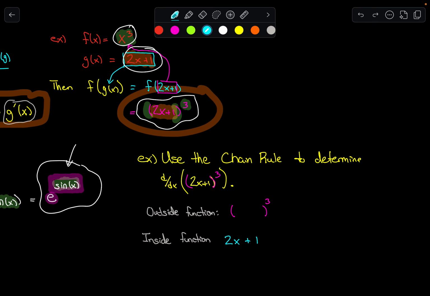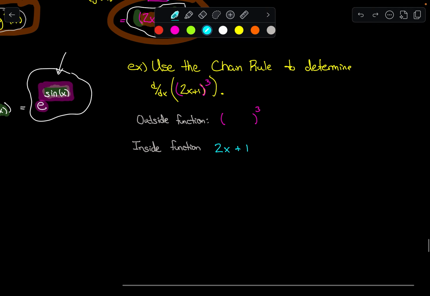And so all we need to do is the derivative of the outside times the derivative of the inside. Even if I didn't know what was on the inside, if we're just paying attention to this outside function, something cubed, how do we take the derivative of this? Well, we learned about that in the exponent rule video.